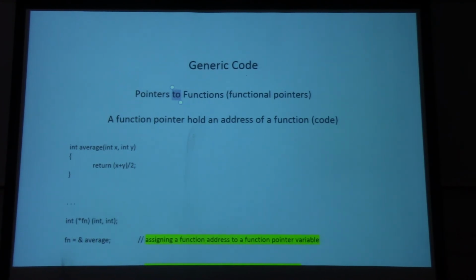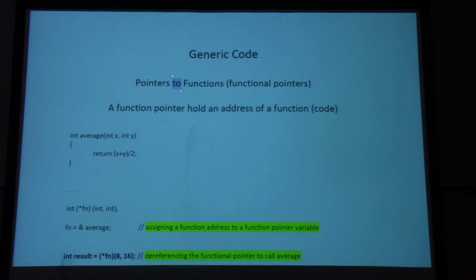Average is a constant pointer to that code. But fn is a variable pointer to such codes, meaning that if there was another function that took two ints and returned an int, I could assign the address of that also into fn, and fn would be pointing to different code.